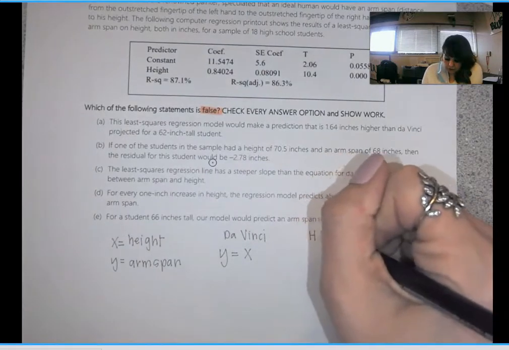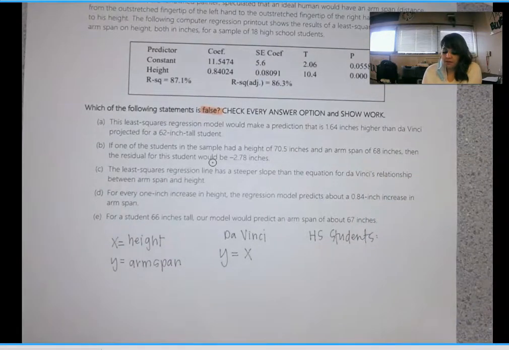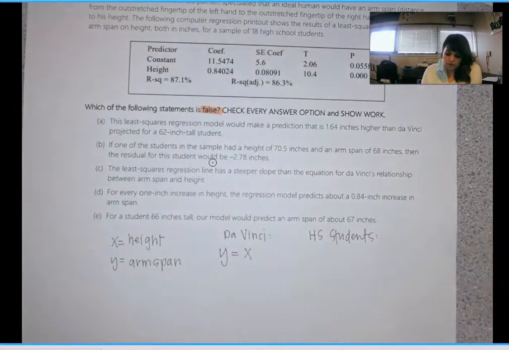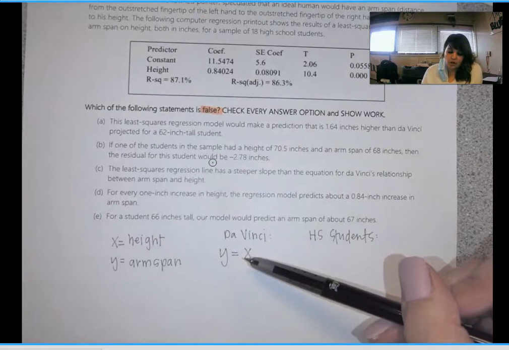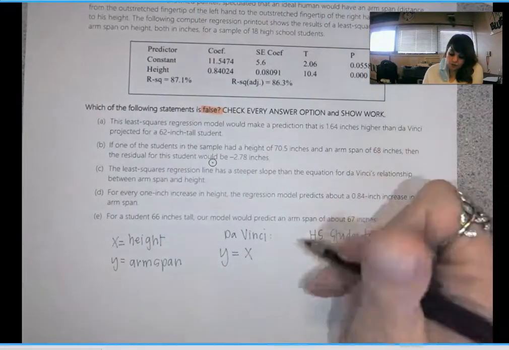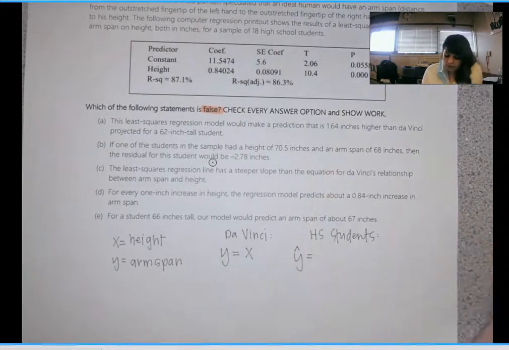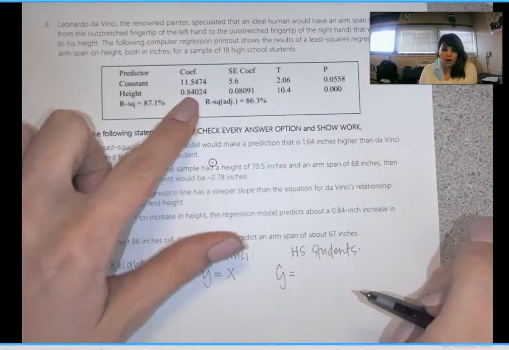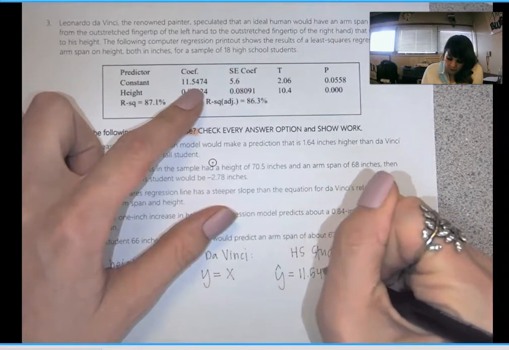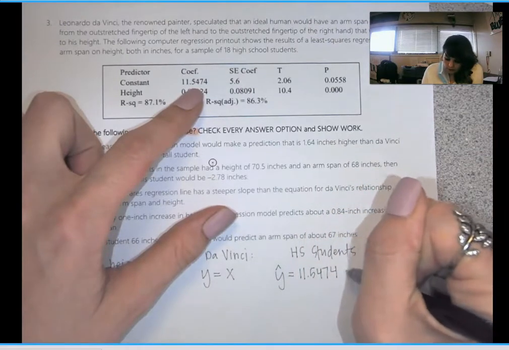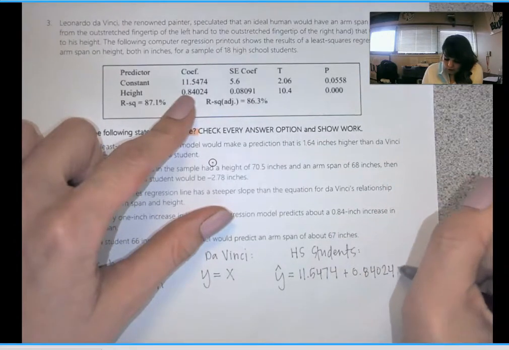Our high school students, however, provide us with different information. So the high school students did not result in an equation where y equals x. The high school students produced an equation that looks like y hat equals, and now we go up to our computer output, 11.5474 plus 0.84024x.